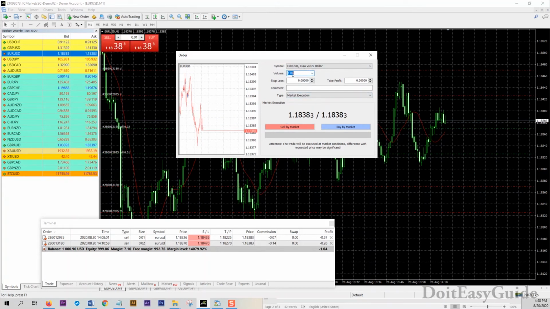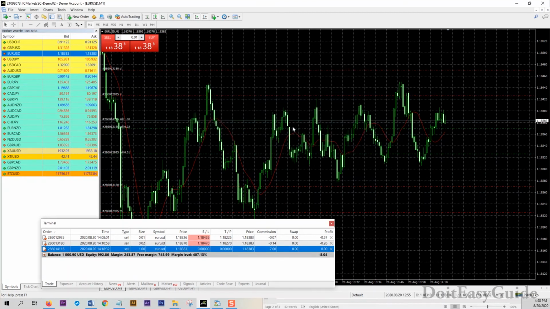If I place a trade with one lot and sell it, $10 means how many dollars? That would be $100, right? And the stop loss will be $10, and that means $100 loss, right?